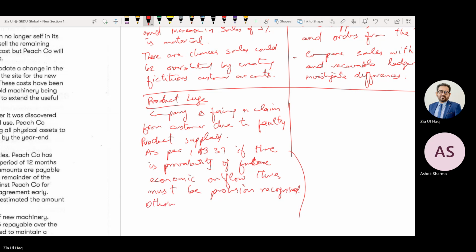Otherwise, expenses and liabilities could be understated. If expenses are understated, what will be overstated? Profit could be overstated.